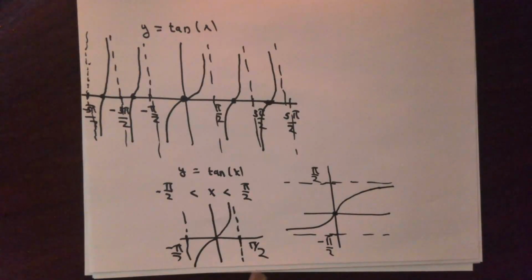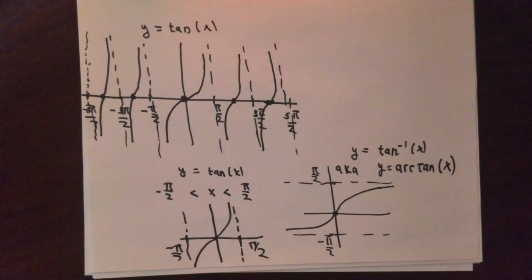It's worth mentioning that there is no point on this graph where y is pi over 2, although you can make the y-coordinate as close to pi over 2 as you like by making the x big enough. As you expect, we call this new function the inverse tangent, also known as the arctangent.